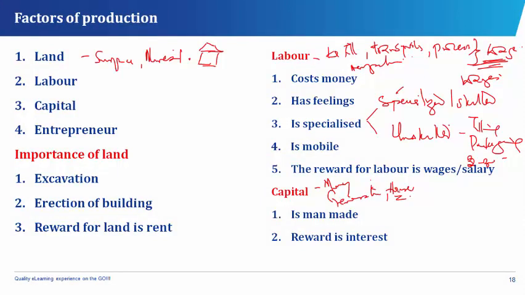One other part we also need to look at is the fourth, which is the entrepreneur or the organization. This is the person that puts together the land, the labor, and also the capital to produce the desired profits. It could be an individual entrepreneur or an organization that is running the business.